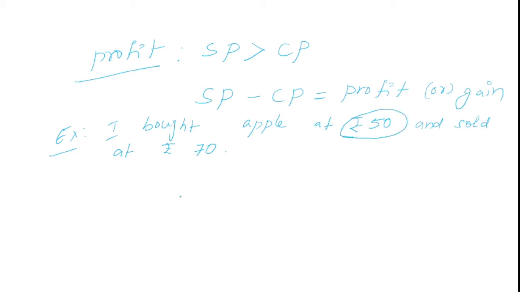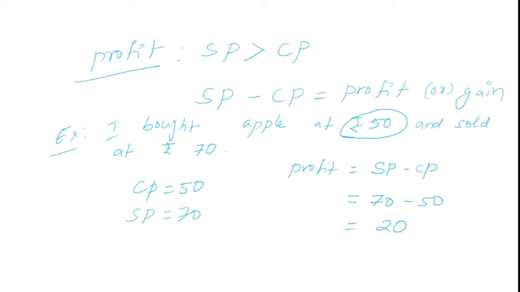At 50 rupees. This is the cost price. The selling price is 70. As I said, if selling price is more than cost price, I'll get profit. Profit is selling price minus cost price: 70 minus 50. So 20 rupees is the profit, or gain.